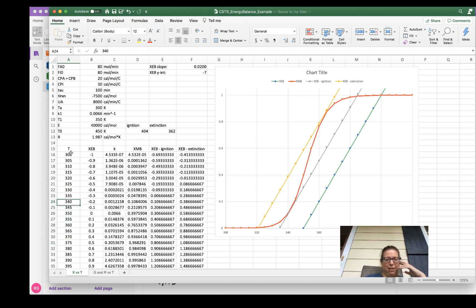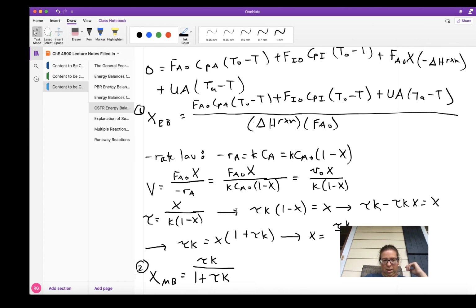I'm just specifying them. This is the energy balance, this expression here. If you inspect this formula, that's what you would get: this energy balance term.